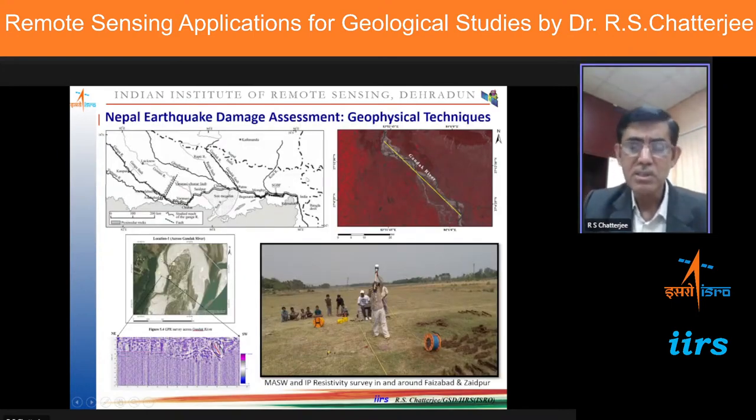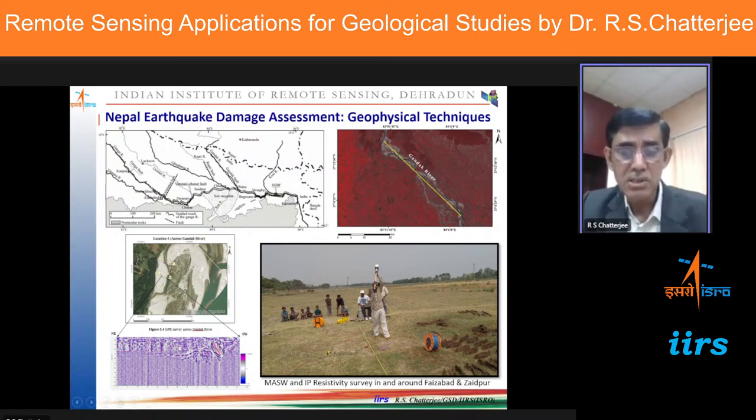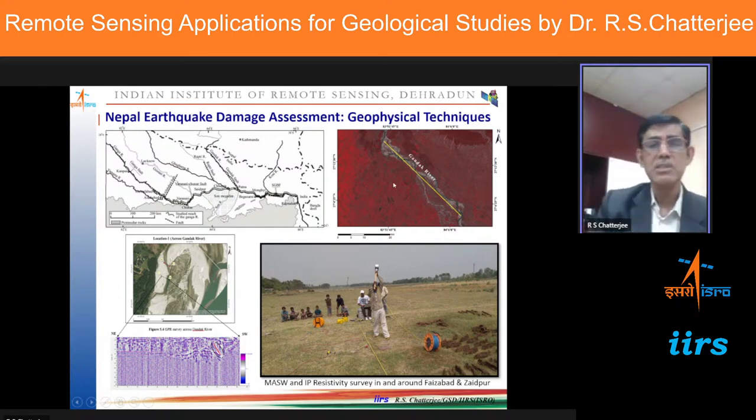But not only this displacement, there are also some other important parameters, like what is the shear wave velocity of the material, what is the peak ground acceleration, what is the subsurface material structure, if any geological structure exists in the subsurface. For that, geophysical investigation is required.